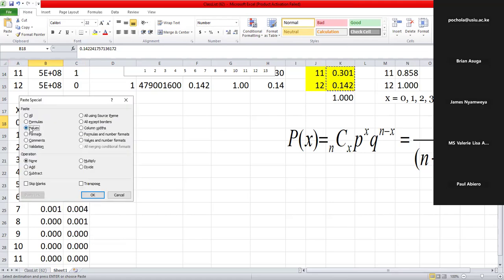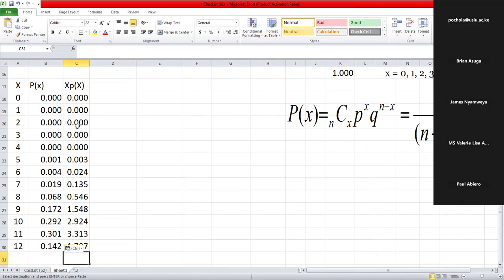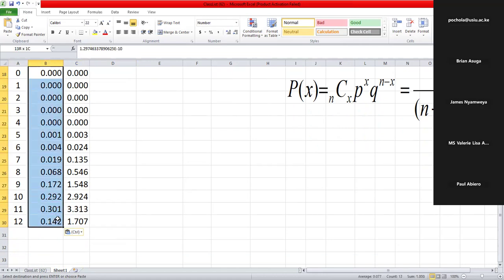Copy and paste special. Now we're okay. So you just copy them and multiply them. That's x times P of x. That times that. Just a minute. There's a problem somewhere. There's a problem somewhere, I can tell you for a fact.